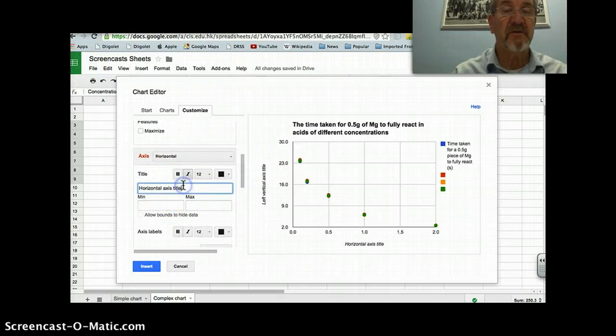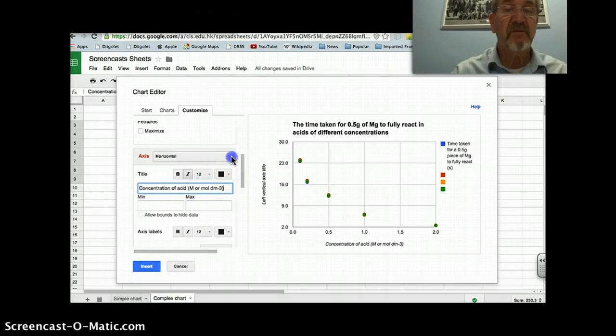Right, now as with our other chart, we of course then have to tell us what we're doing. So in the horizontal this time, we have concentration of acid. Now if we know the acid we've used, we should put that in. So if it was hydrochloric acid, we put HCl in there. And we know this is in either molarity or moles per dm cubed. Now I would expect molarity from years 7, 8 and 9 perhaps, and then from years 10 and above, moles per dm cubed would be good.